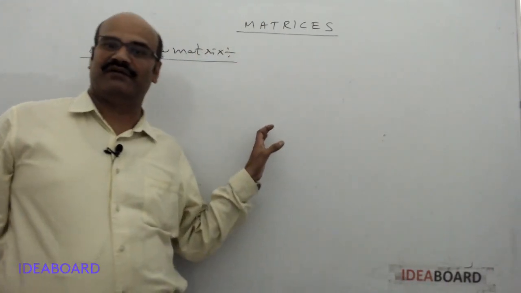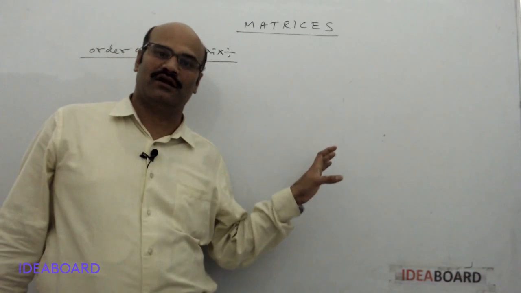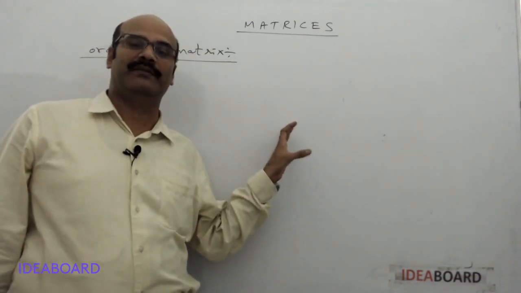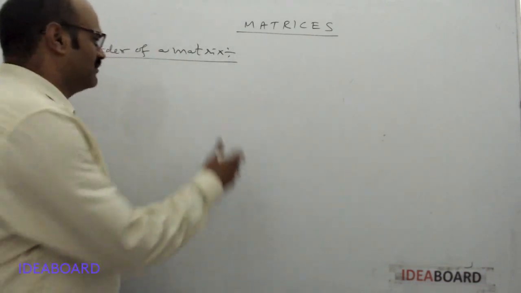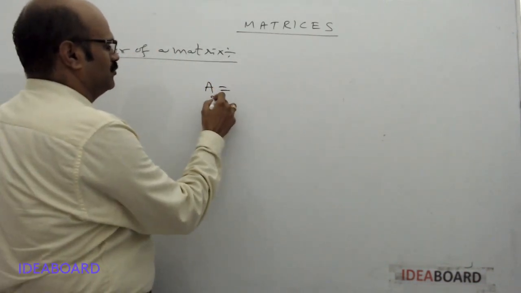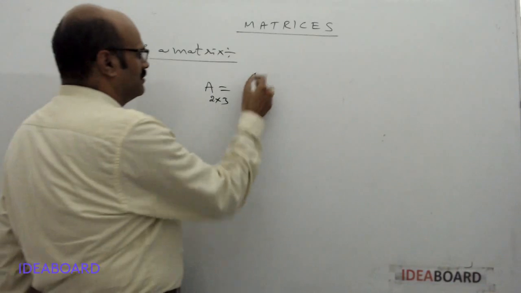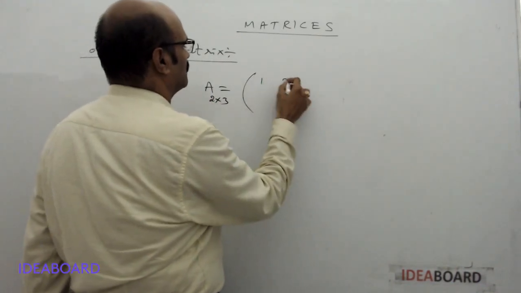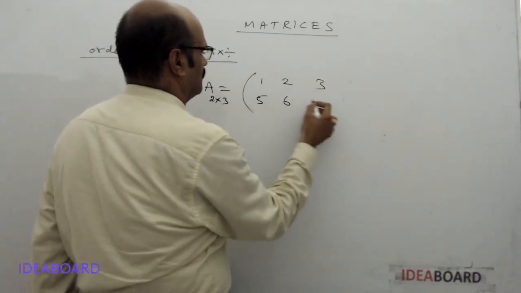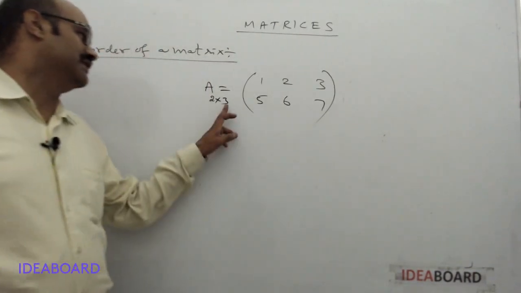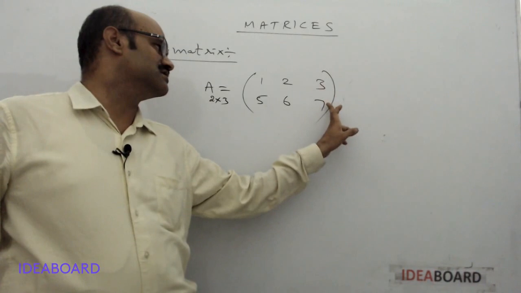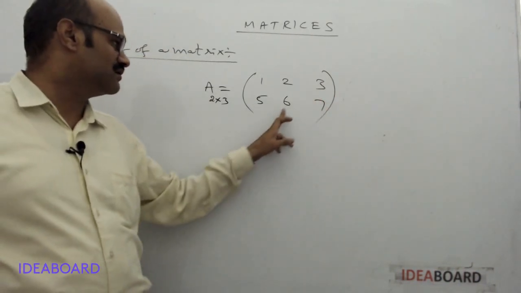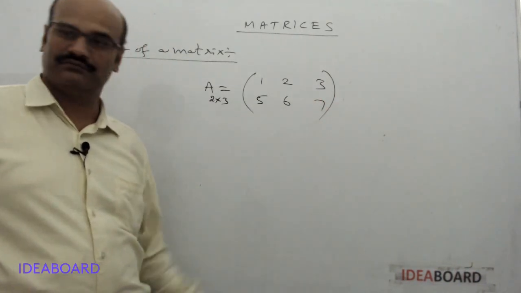If a matrix is having m rows and n columns, then the total number of elements in that matrix equal to mn. Let me take one matrix here, A 2 cross 3. Then we have 2 rows and 3 columns. This is R1, this is R2, this is C1, C2, C3.